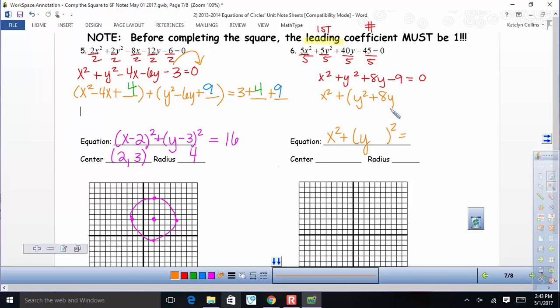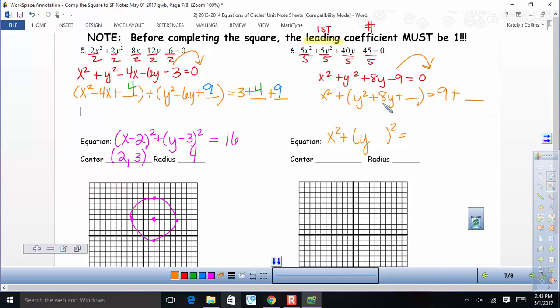Y squared plus 8y plus blank. Okay, and what do I do with this 9 right here? Move it to the other side, and you get a positive 9. How many blanks should I have on my right-hand side? 1, because we only have 1 here, so it would be plus blank.